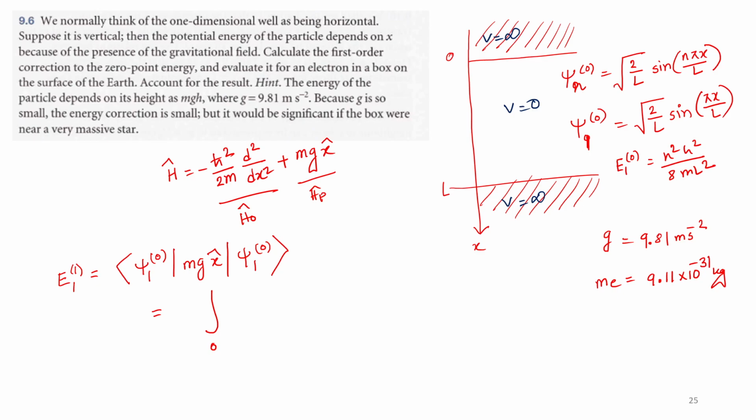Why? Because it was inside a symmetrical boundary, minus infinity to plus infinity. But now it is for a particle in a box, it is from 0 to L, so it is not 0. We don't know yet. We have to solve it, and then we can say the psi 1, they are going to give 2 by L, sine square pi x by L, x and mg is there, okay? dx. I should write dx in here.